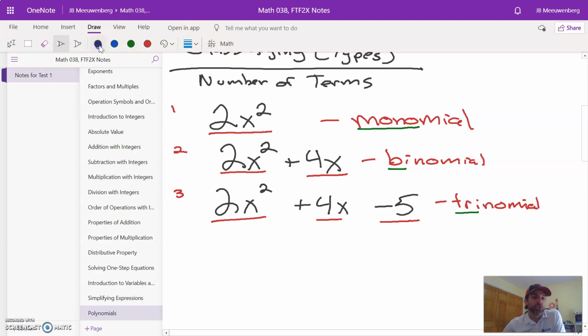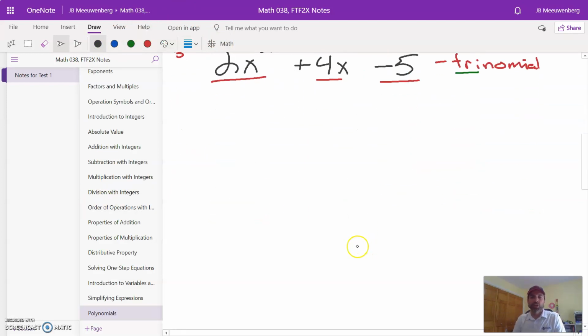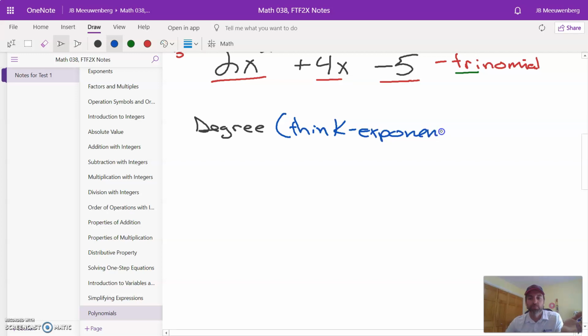They're just the way we classify them into different types. Another thing we can do to analyze our polynomials is look at what's called the degree. For now, we're going to explore the degree more later. But when you see degree, think exponent. Okay, so think exponent. There's a little more to it than that, but for now, that's what we need to know.